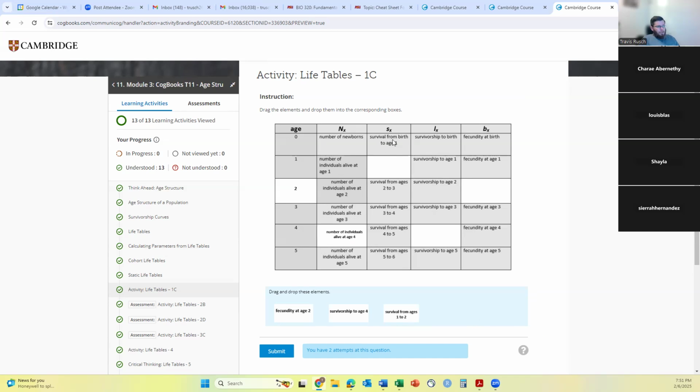And this is survival from birth to age 1. This is survival from ages 2 to 3, survival from ages 3 to 4. So this is going to be a 1-year snapshot of survival. So what we're missing, obviously, is survival of ages 1 to 2. And this is survivorship to that age, right?